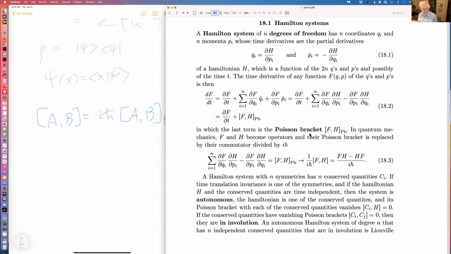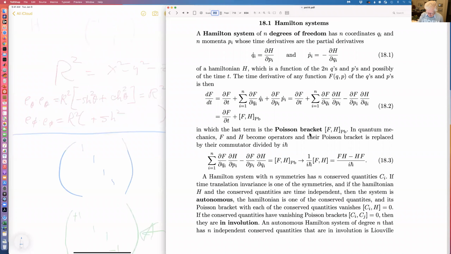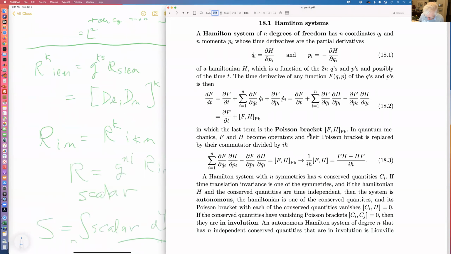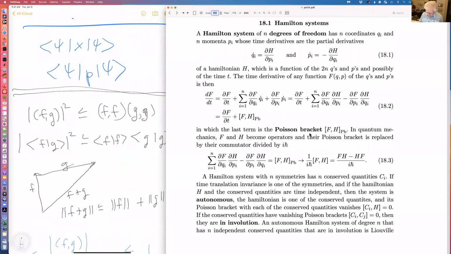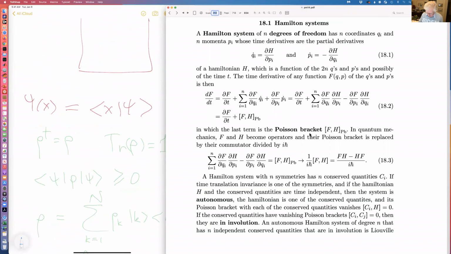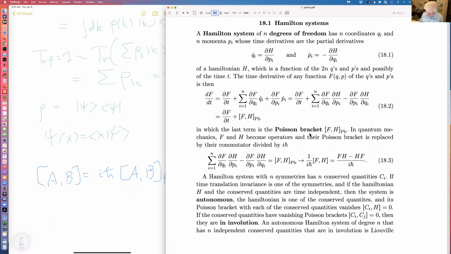Let me see if I've got that right, because I'm not copying from the screen, and I'm not sure that I've got i h bar in the right place.